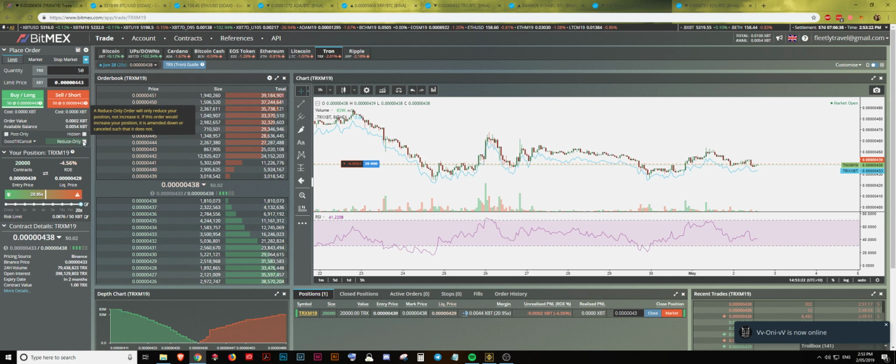Before I go too far, I will explain how the fee system works, just so you understand why you don't want to be using market orders. When I create a limit order and it goes onto the books, when that order gets filled, I actually get 0.025% back. That's given to me for entering a position.